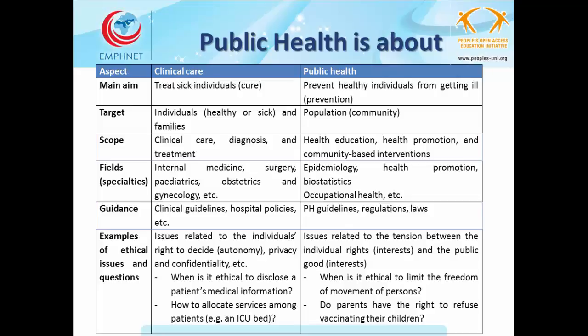The specialties in clinical care include, for example, internal medicine, surgery, pediatrics, or obstetrics, etc., while in public health the fields are like epidemiology, health education, health promotion, biostatistics, environmental health, occupational health, etc.